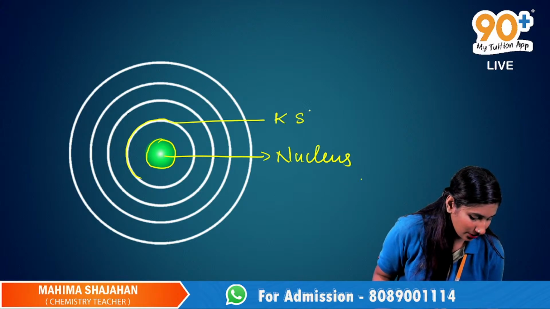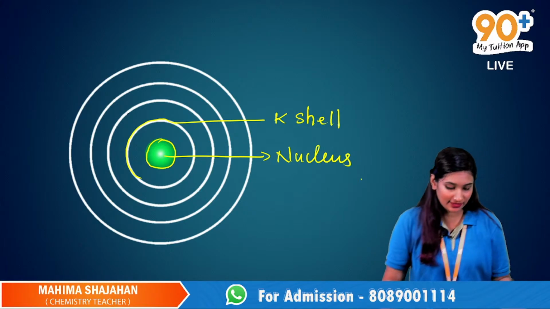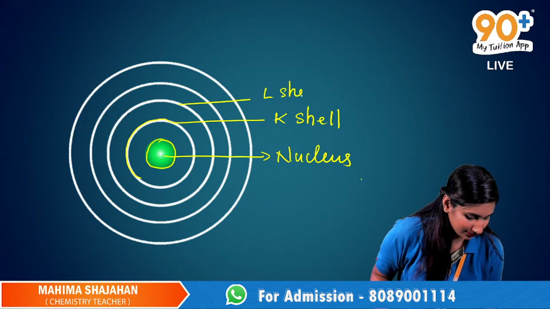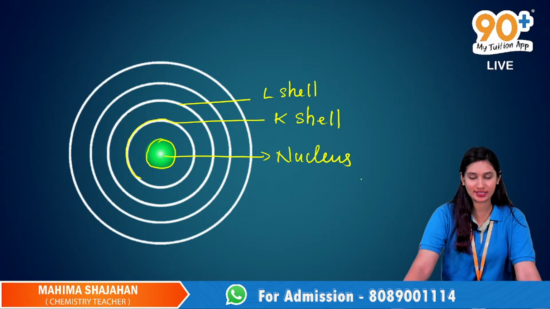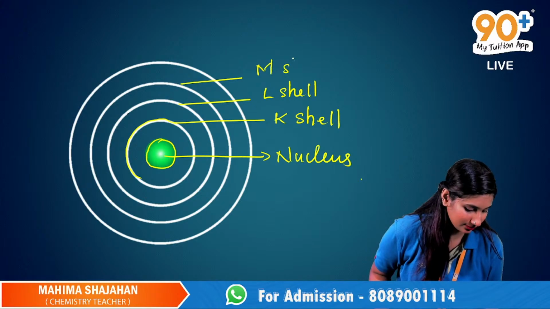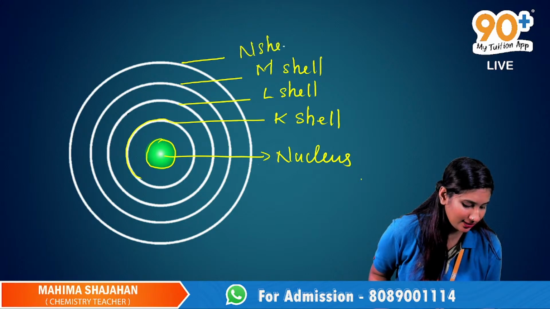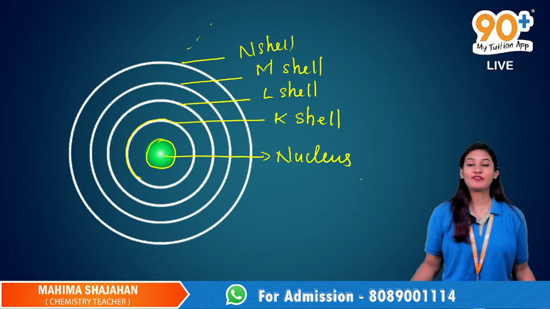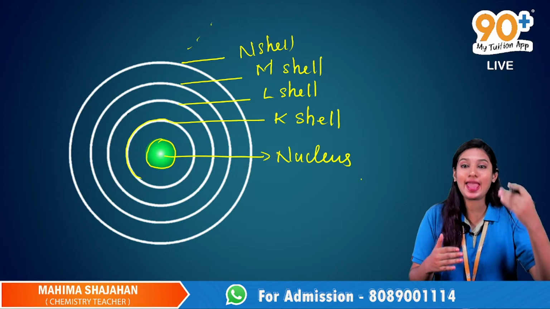The second one is the L shell. Third one will be the M shell. And this one is the N shell, and it can go on. The very first shell is the K shell, then comes L, M and N.